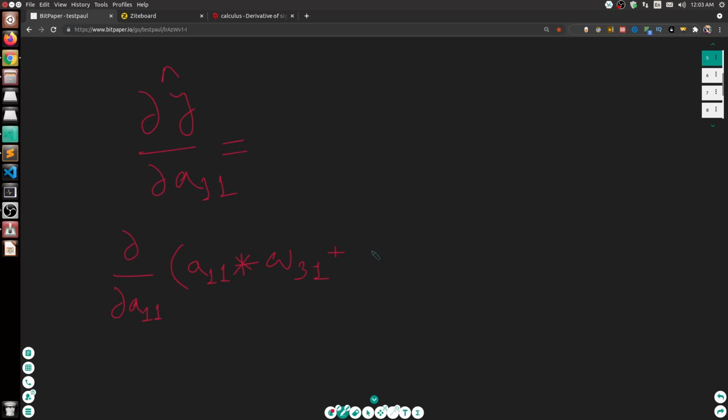I think that is slightly wrong here. That would be A11 multiplied by the first one, W31, plus A12 multiplied by the second weight, W32. And the third one is A13 multiplied by W33.